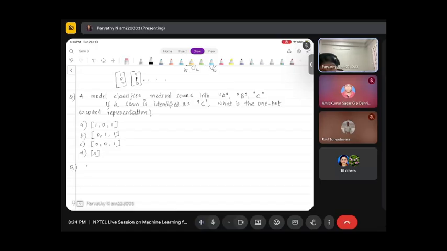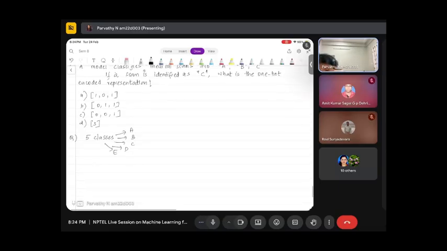Now there are 5 classes, A, B, C, D, and E. What is the one hot encoded representation for B?